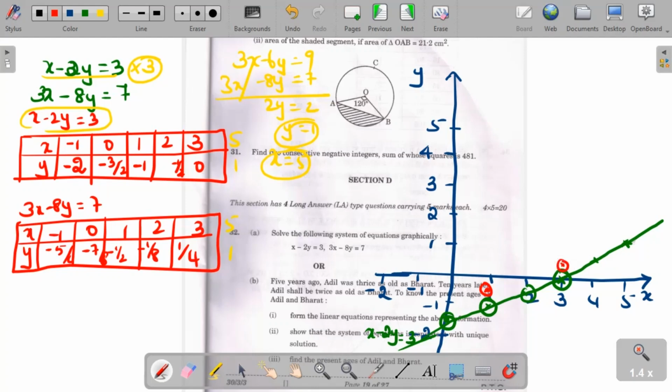Then x is equal to 5, y is equal to 1. The line is approximately going to look somewhere around like this. This is a very rough diagram, but visually this is the line you will be looking at. I'm marking this line as 3x minus 8y is equal to 7. I'm marking the point of intersection as A and marking its coordinates as (5, 1).